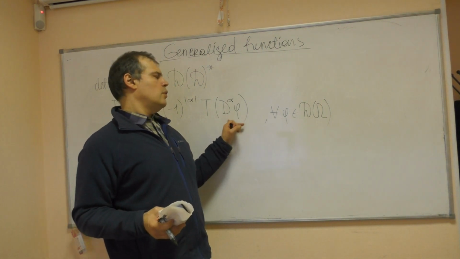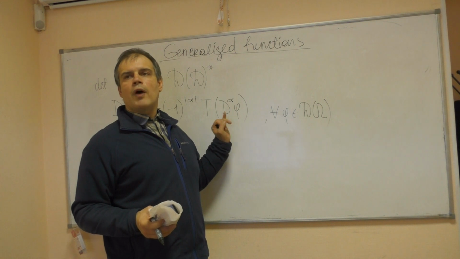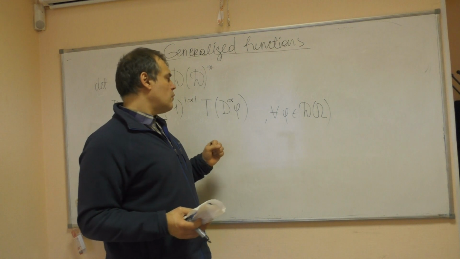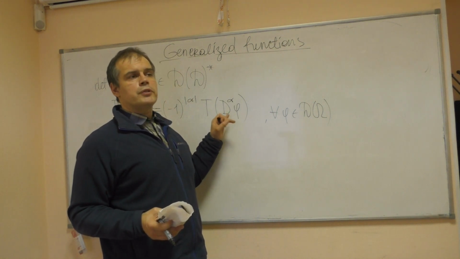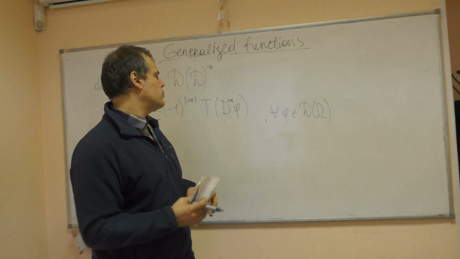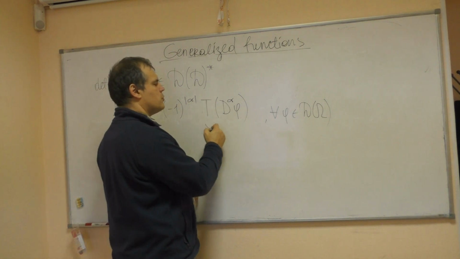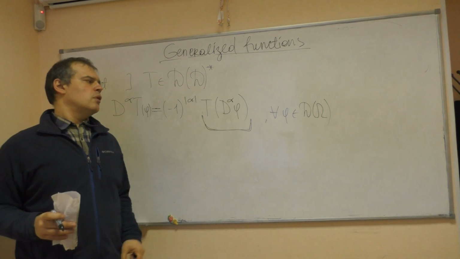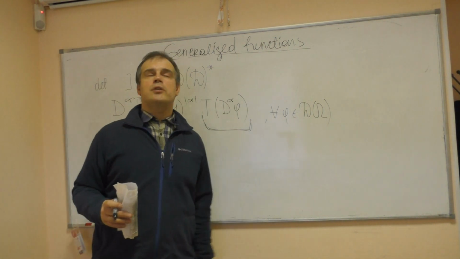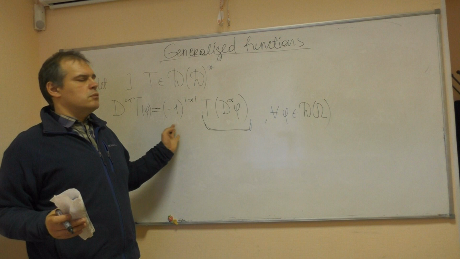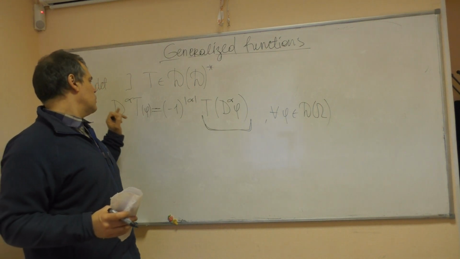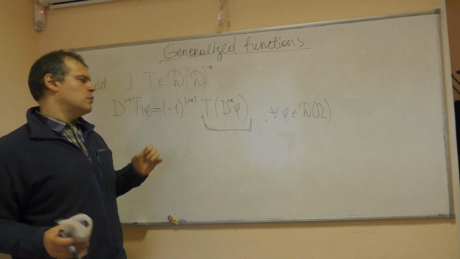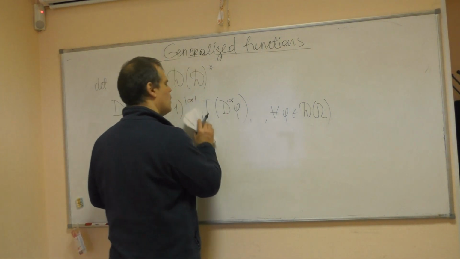So each derivative of a finite and infinitely differentiable function is also finite and infinitely differentiable. So this is defined for all functions from D of omega, and depending on the absolute value of alpha, it's multiplied by minus 1 or not.